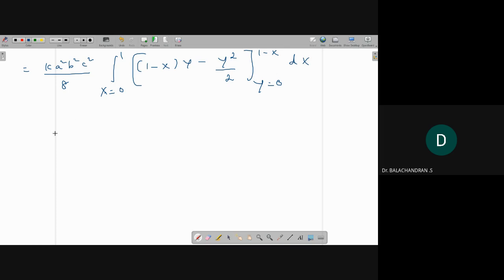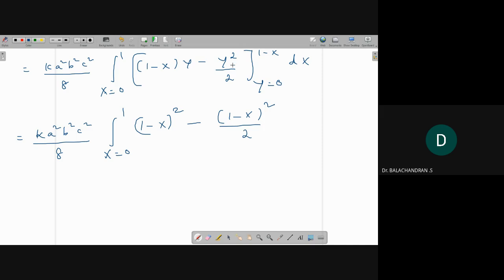Next step, substitute the limits for y. So k into a square, b square, c square by 8, integration x from 0 to 1. If you substitute the upper limit, you'll get 1 minus x into 1 minus x, which is 1 minus x whole square, minus the upper limit 1 minus x whole square by 2.